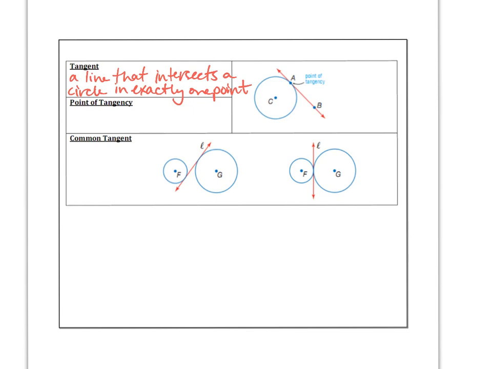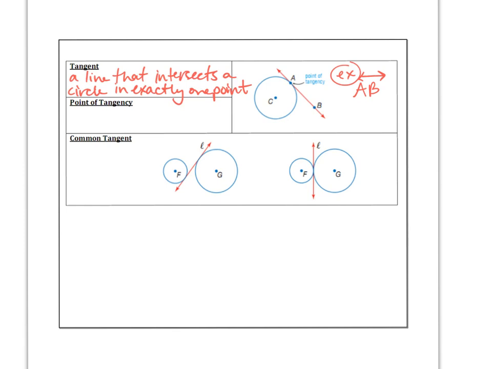So you can see in the picture that the red line, line AB, is a tangent to the circle. So an example of a tangent would be line AB. Remember, to name a line, you'd have to put the double arrow above it. That is a tangent to the circle. It just skims past it and touches it in 1 point.